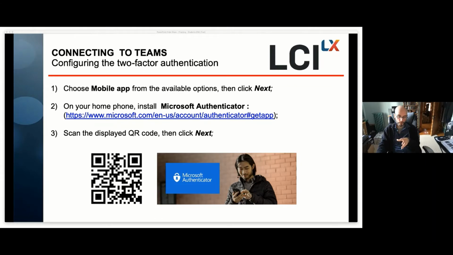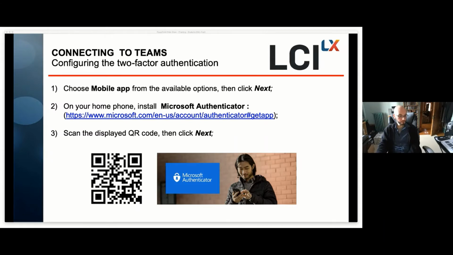In the screen that pops up, you choose the mobile app and you click on next. You're going to go onto your mobile device and download the Microsoft Authenticator app. There's a link here, but don't worry about the link. Just type Microsoft Authenticator in Google, or in your app store, and you're going to find the app easily.